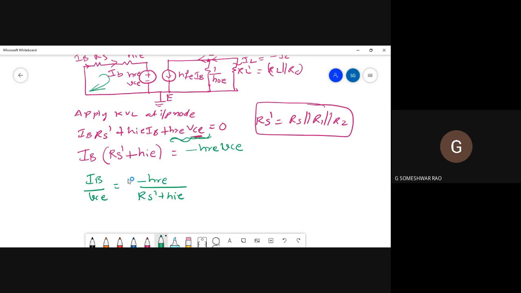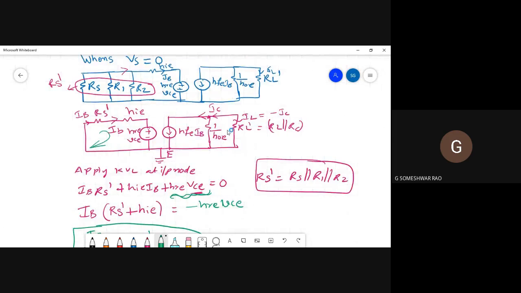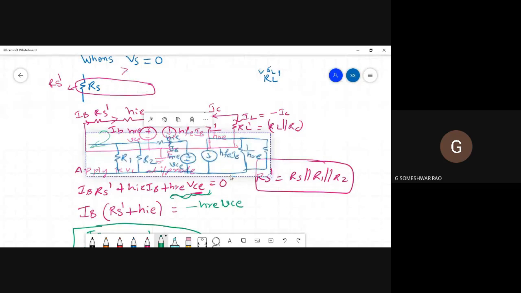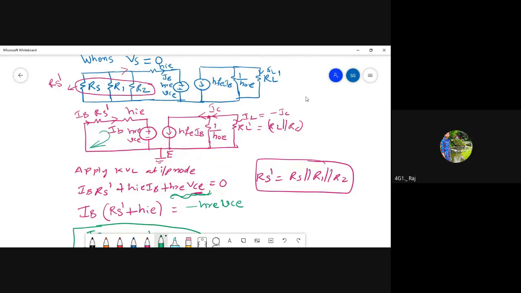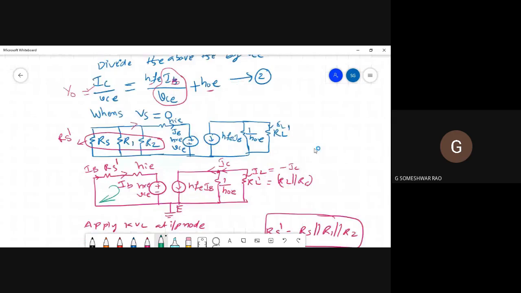Let us give some equation number to this one. Let this be equation 3. Now substitute this equation 3 where? Into equation 2. Are you following, sir? Are you with me, people?